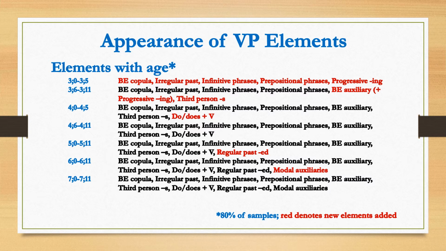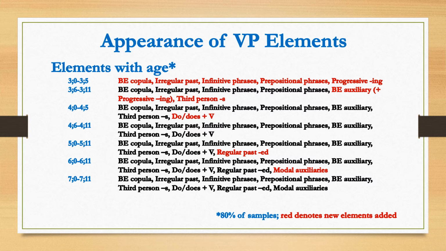This combination of the auxiliary be and the main verb with ing enables the child to fully form the present or past progressive, as in I'm eating or she was running. Therefore, on the slide and on the sugar sub-analysis form, we've listed the progressive under the be auxiliary. So it's still there, but it may not be as obvious.